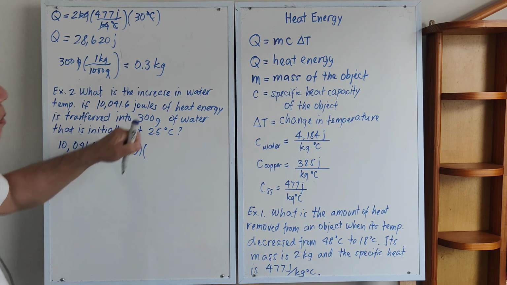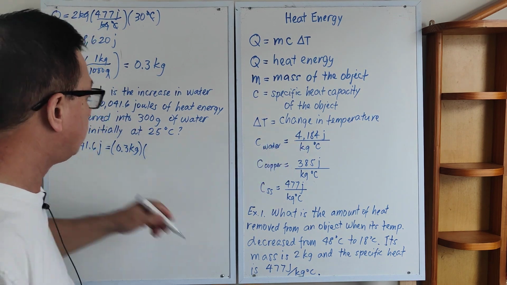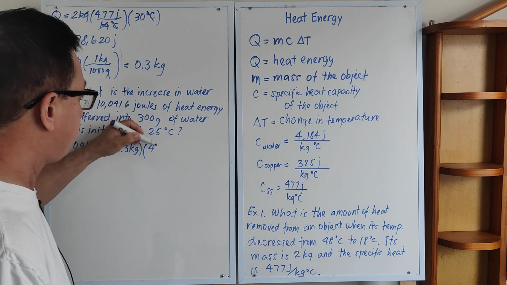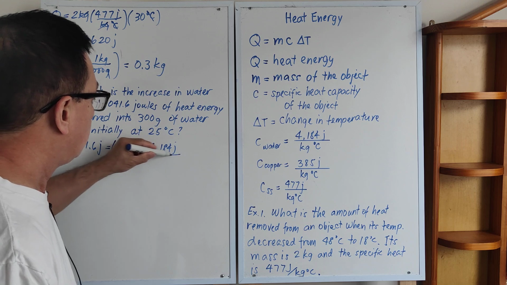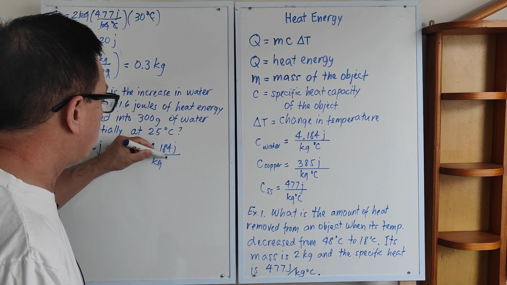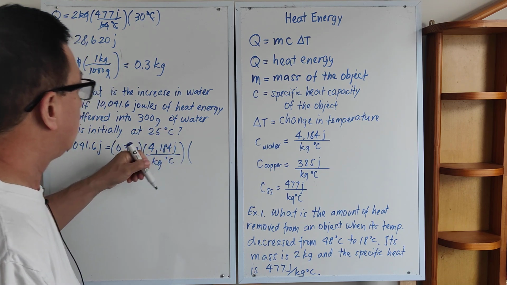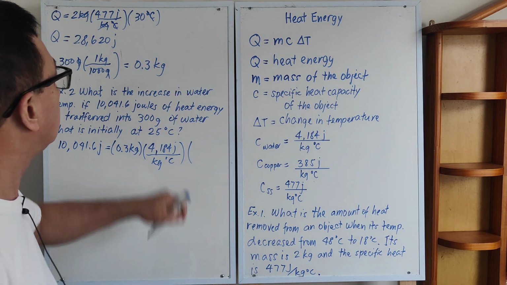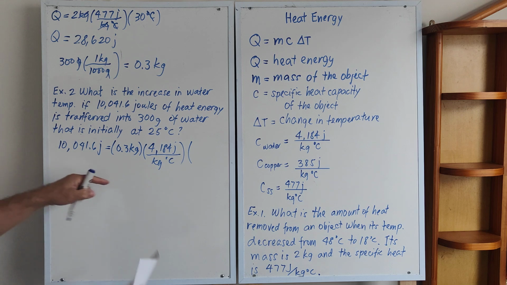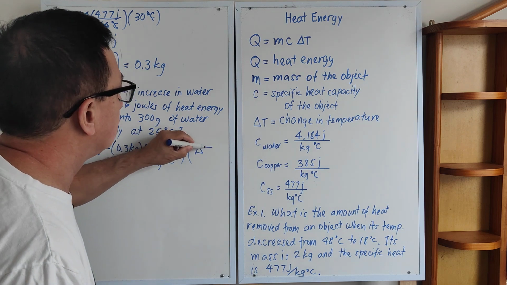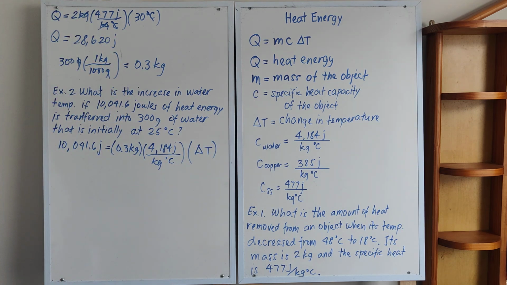Now the specific heat of water is 4,184 joules per kilogram per degree centigrade, and the change in temperature, your delta T, is your unknown.